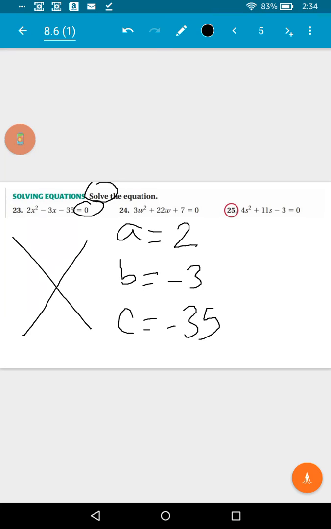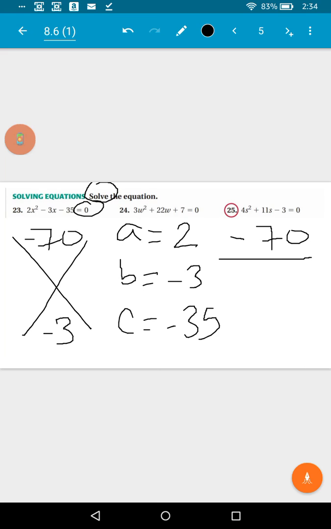Okay, let's see. This is going to be a big number, but we could do that. 2 times 35 is -70, and the value of B is -3. Okay, we need to list some factors of -70.